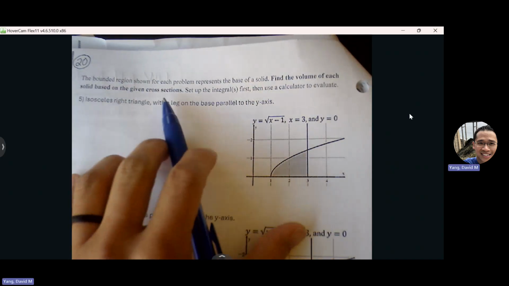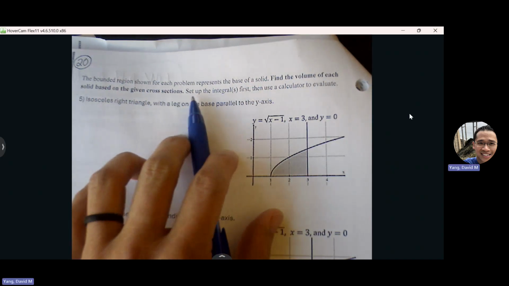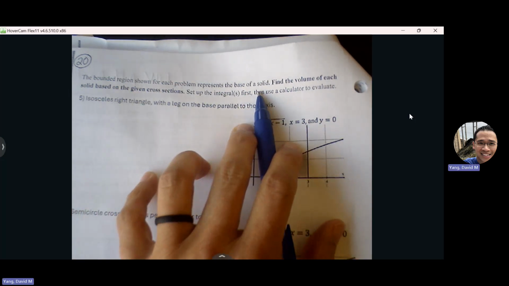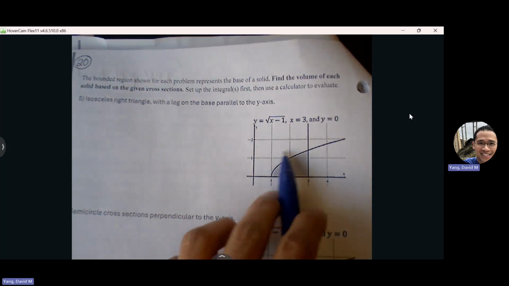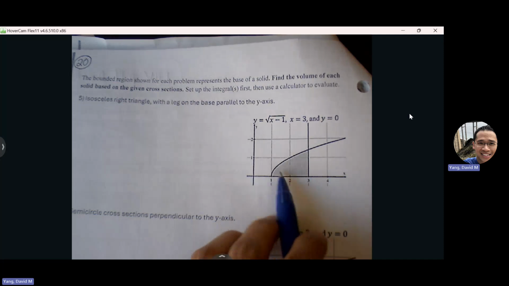Okay, so page 20, we have the boundary region for each problem that represents the base of a solid. The shape of the base doesn't really matter.